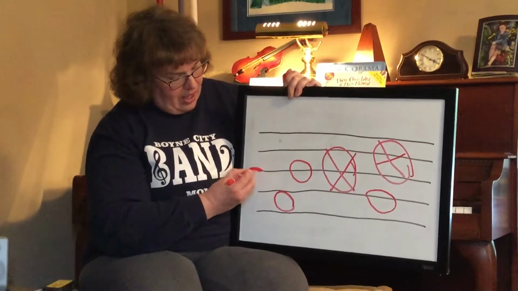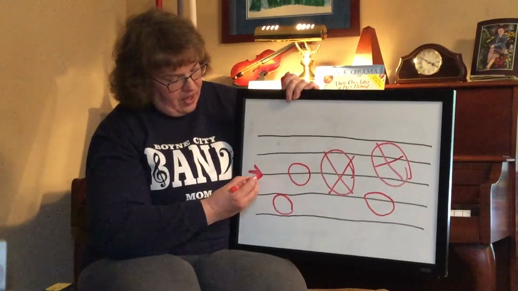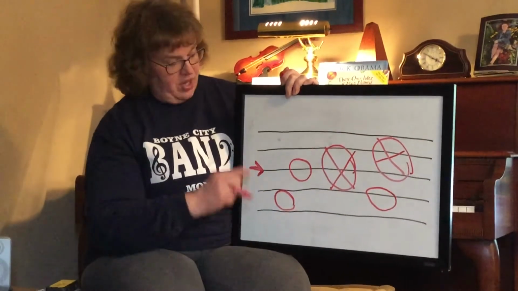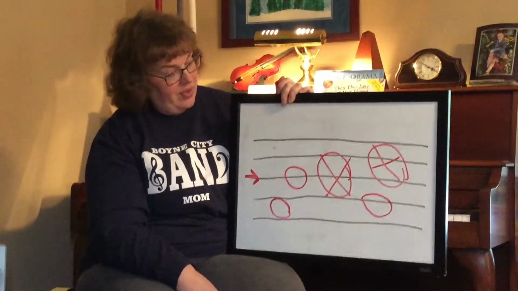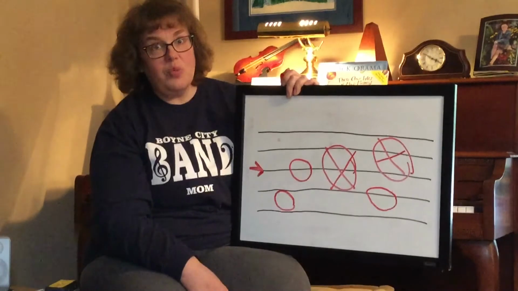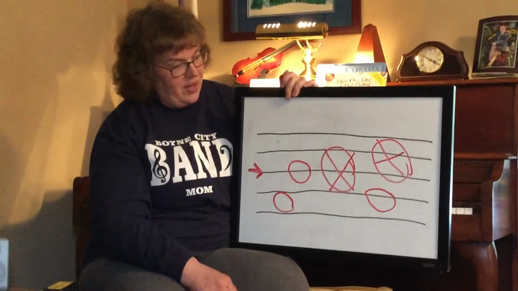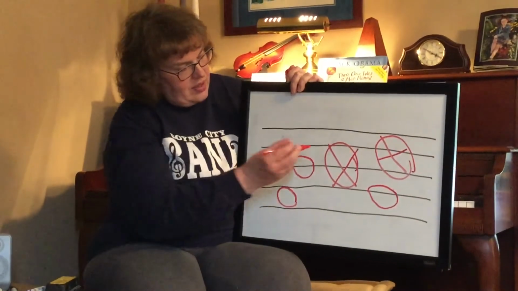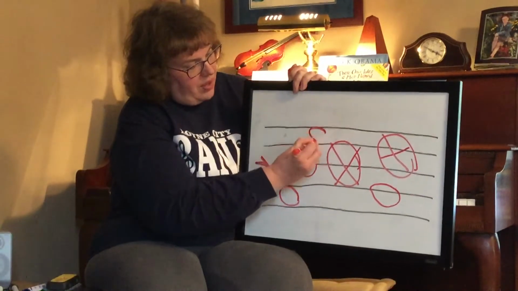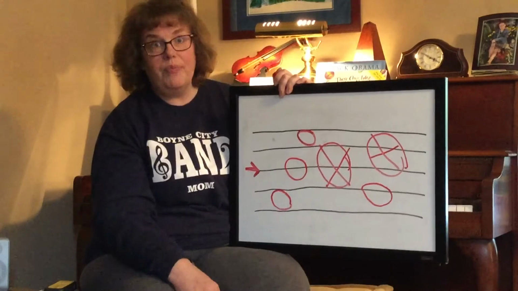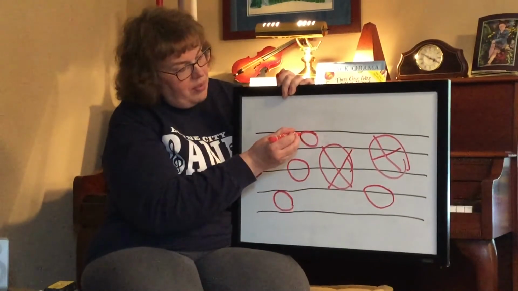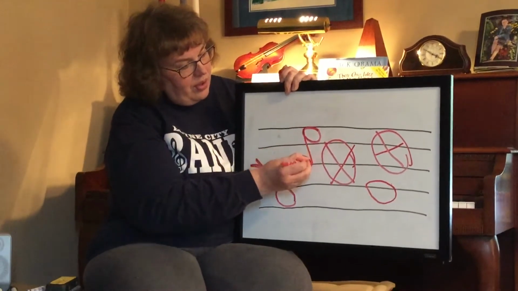Well, this middle line is very important. If you could put an arrow on your middle line, that would be great. That middle line tells us which way to put our stems. If the note is, and I didn't really do one, so let me add one. If the note is above that middle line, please take your stem and draw it down on the left.